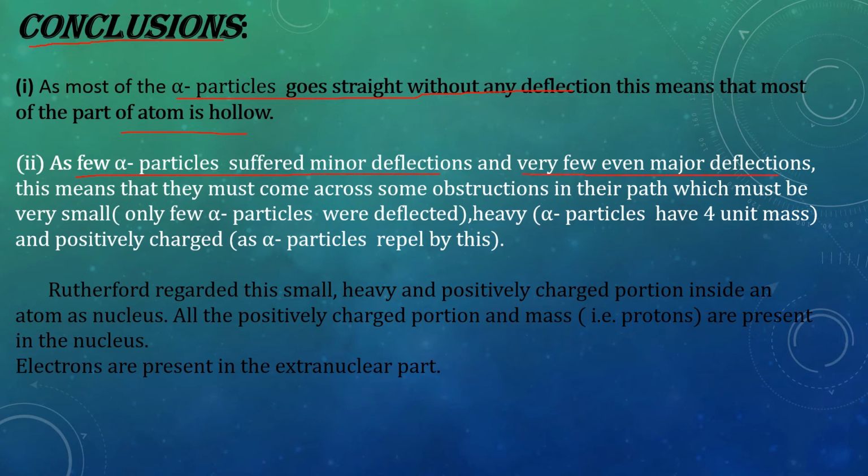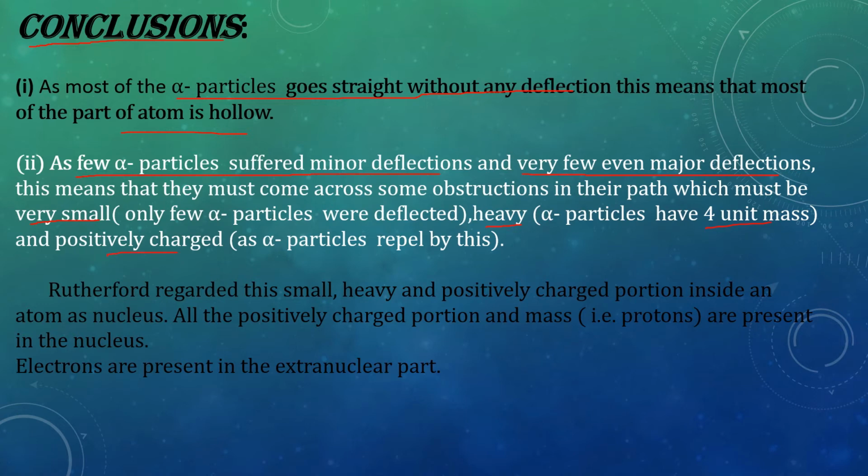That is because they strike a positively charged heavy object inside the atom, and because the number of particles which bounce back is very small, the positive part is concentrated only in a small part of the atom, and it is very heavy as alpha particles having 4 unit mass are deflected by striking it.